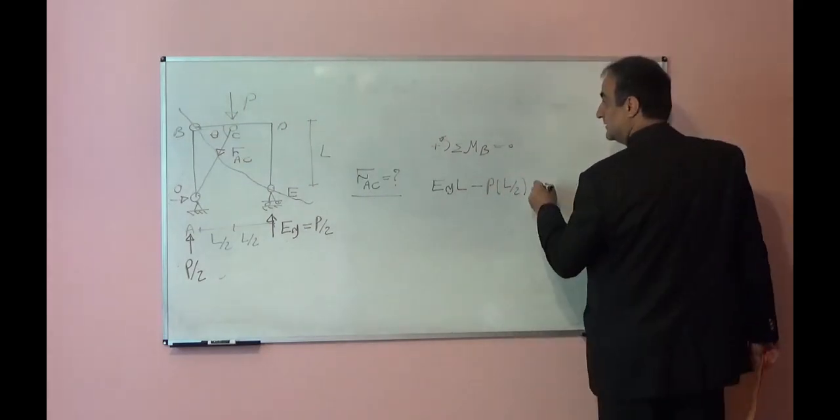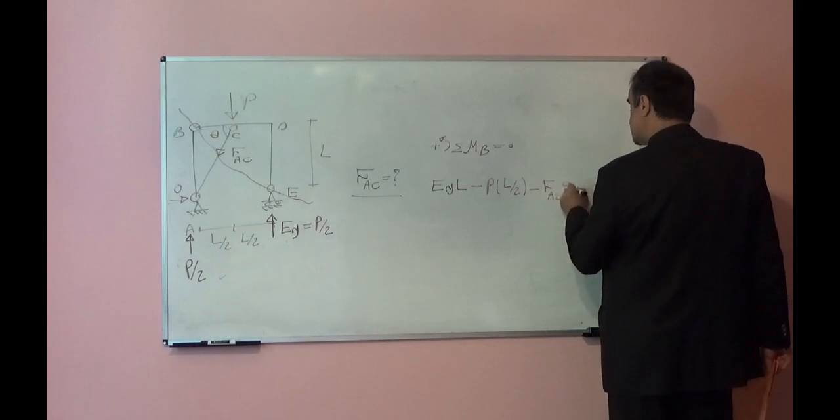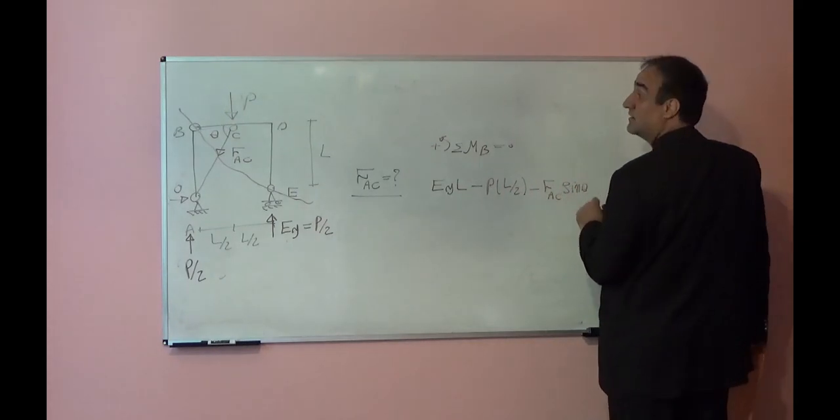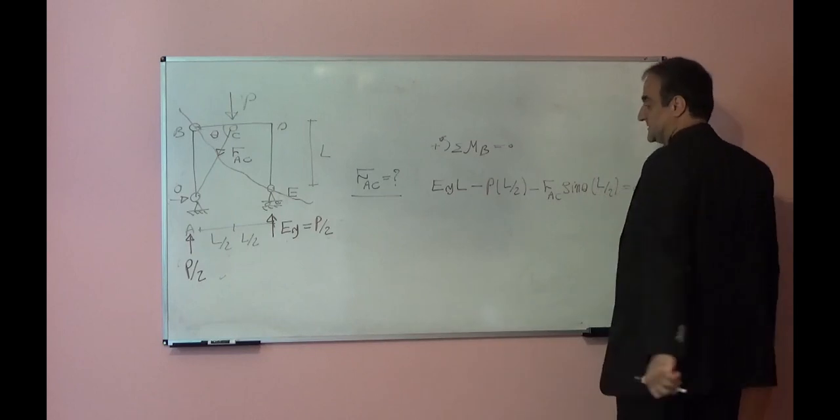minus FAC sine theta times L over 2 is equal to 0.